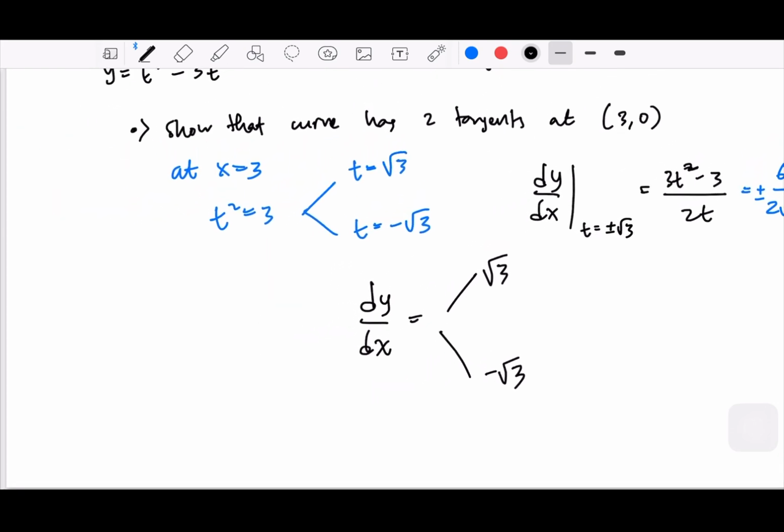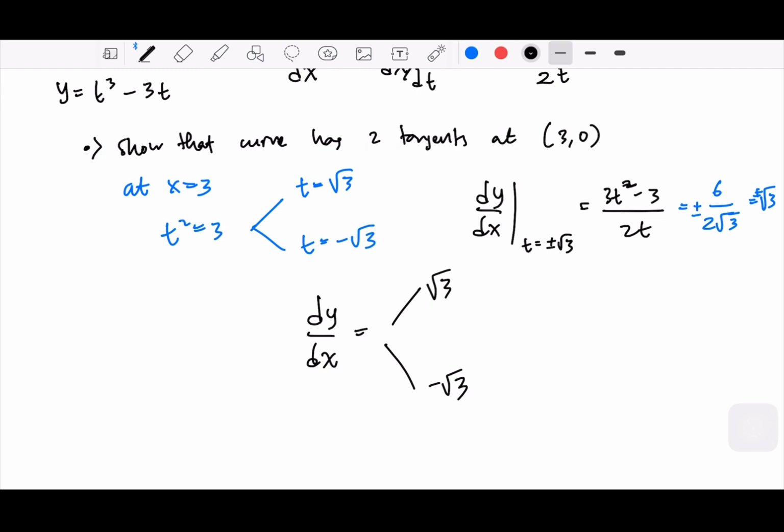And then based on the point, we have y minus 0, x minus 3, and we will have two equations. I think I can write directly y. So these two equations we have.